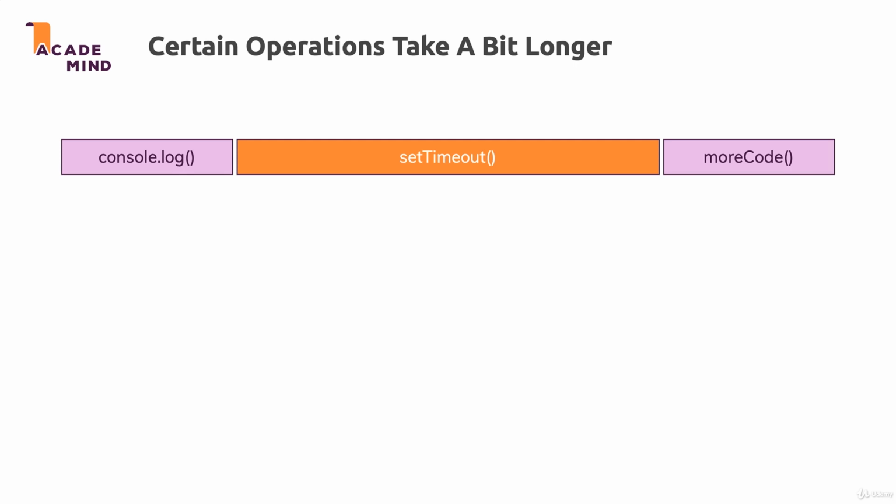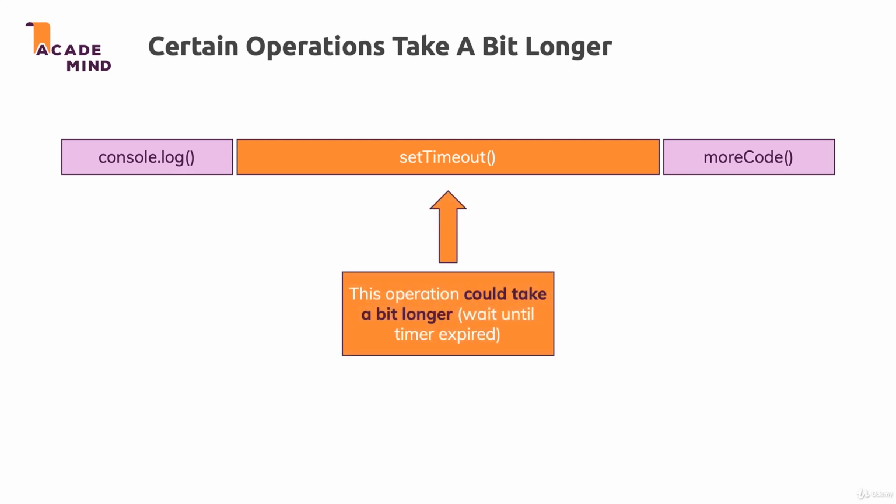But even 100 milliseconds would be a duration we probably would not want to wait, because this operation could in general take longer and therefore block our code execution, so it prevents more code from being executed until set timeout is done, at least if JavaScript would treat this in the same way as it would treat all other code blocks.